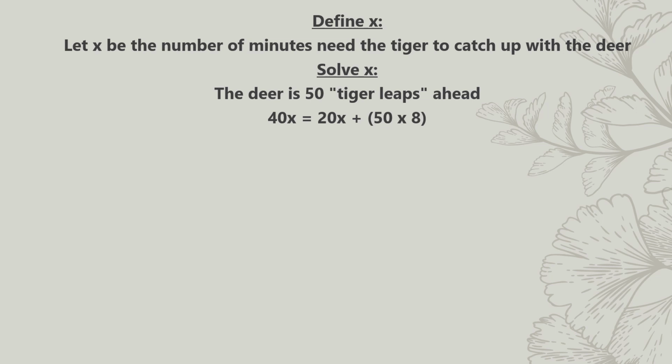So we are calculating 40x, which is the distance covered by the tiger, given by 20 times x, the distance traveled by the deer in 1 minute into the time taken, plus 50 into 8, which is the distance the tiger needs to travel.